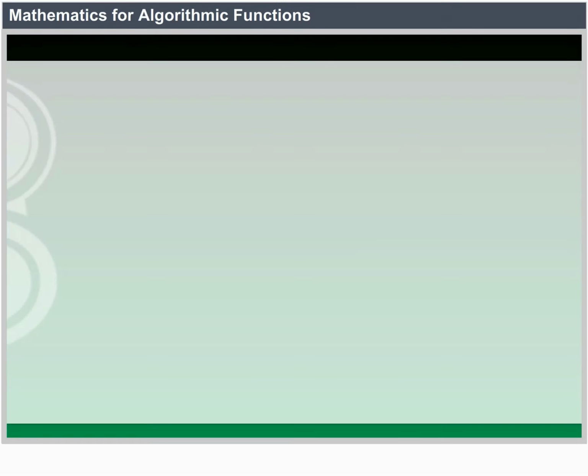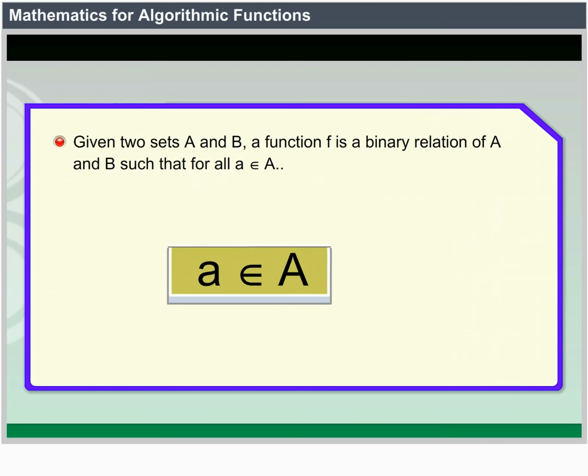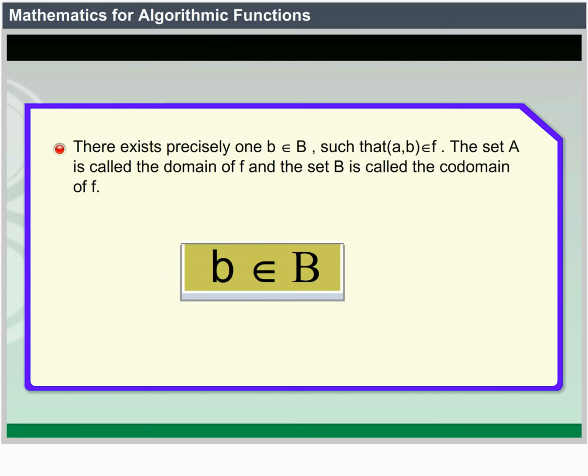Mathematics for algorithmic functions. Given two sets A and B, a function f is a binary relation on A and B such that for all a belonging to set A, there exists precisely one b belonging to set B such that (a, b) belongs to f. The set A is called the domain of f and the set B is called the codomain of f.